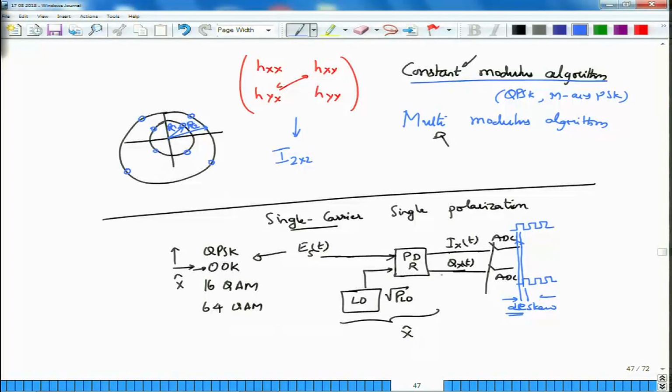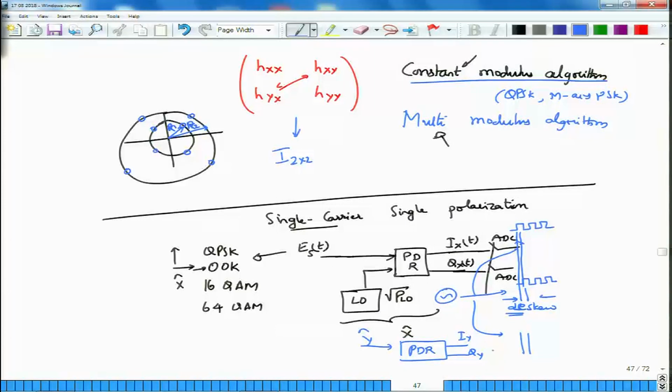Moreover, if I am going to use another phase diversity receiver for recovering the y polarization, in this case I would have I_Y and Q_Y, and then I will have to deal with two more ADCs. So, you see that there are a lot of ADCs, and all these ADCs should essentially have the same clocking source, which has to be distributed.